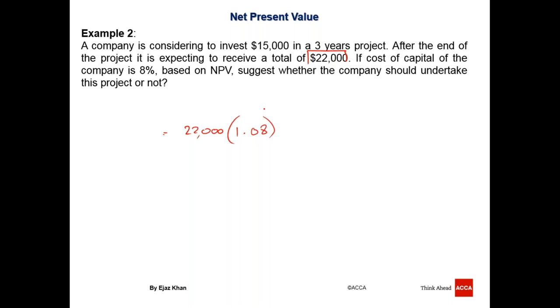And since it's a 3-year project, we'll put minus 3. So what's the present value of $22,000? $17,464.